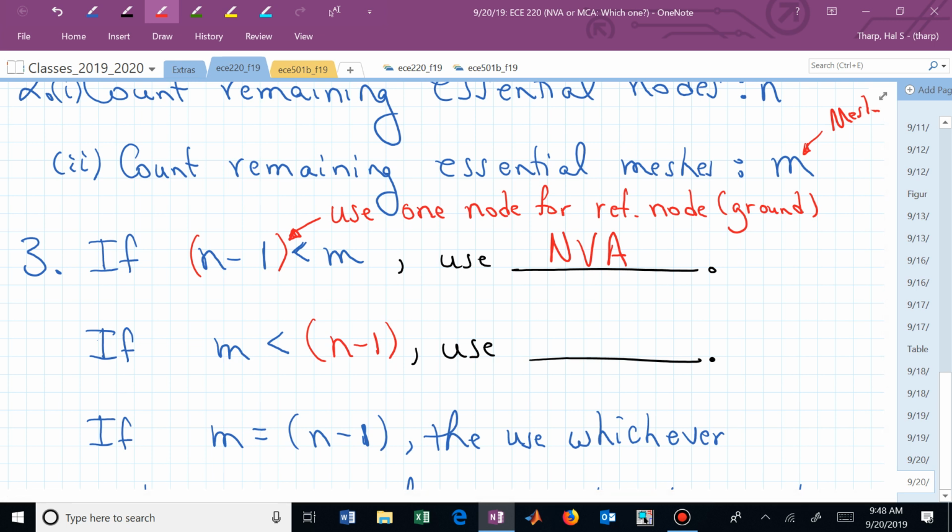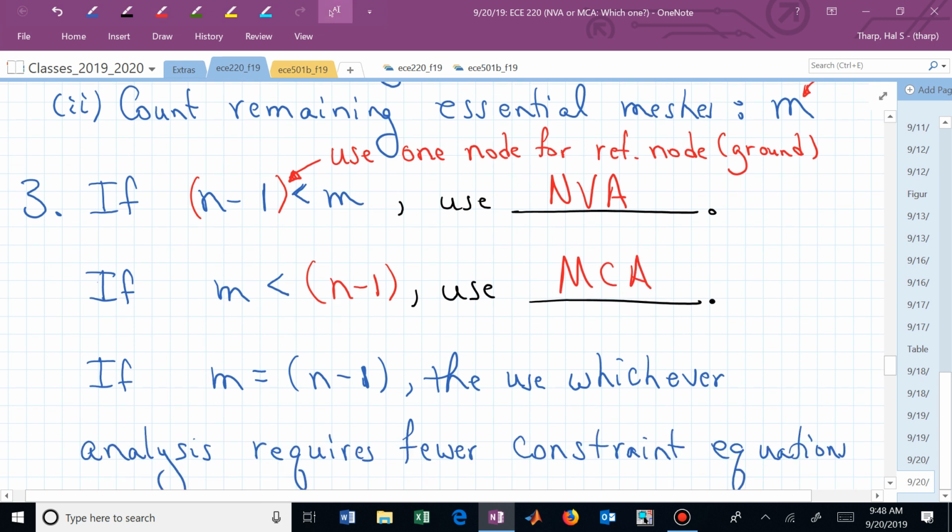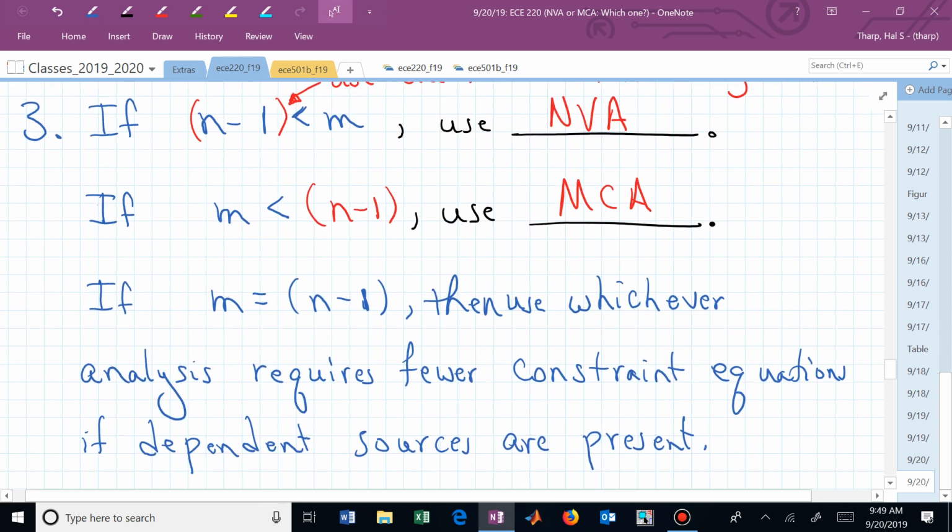However, if M, the number of meshes, turns out to be less than the number of unknown node voltages, then we probably ought to be thinking mesh current analysis. If they're the same, then use whatever technique, strategy you feel more comfortable using.